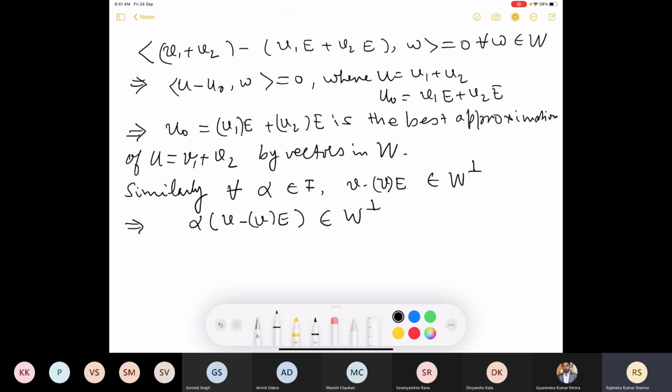Every scalar multiple also will be the same. That is W orthogonal. And now that makes its inner product with every W zero. So this is alpha V minus alpha VE, which is in the orthogonal complement. That means its inner product with every W is 0. And that makes this alpha VE, which is the same as alpha VE.